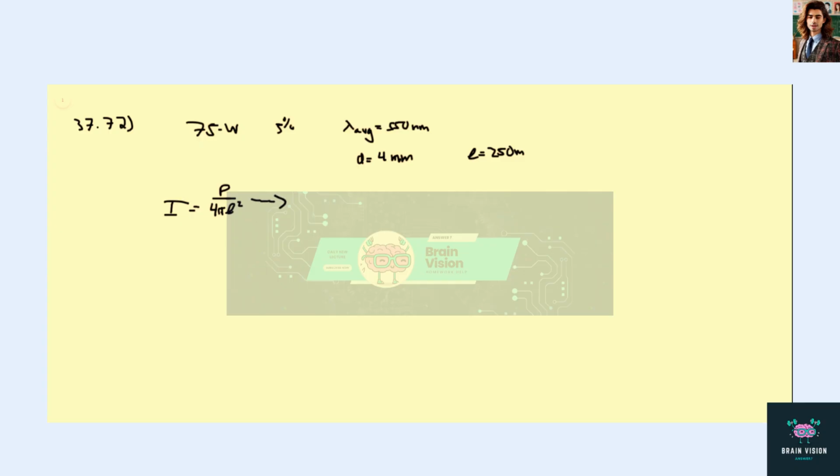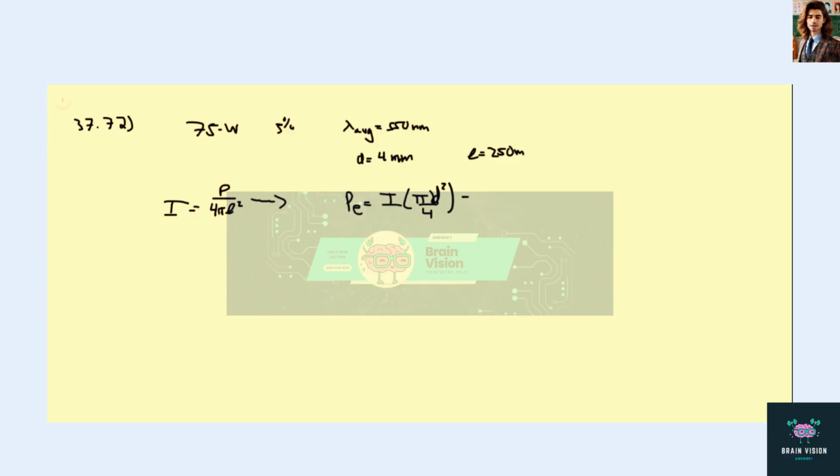So we can then multiply the intensity by the area of the pupil to determine the power entering the eye. The power entering the eye is the intensity at that distance times pi d squared over 4, which is the surface area of the pupil.